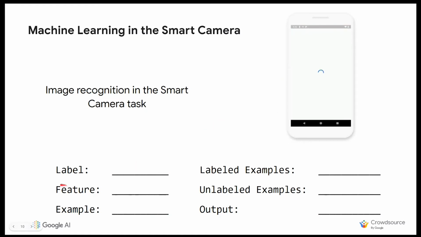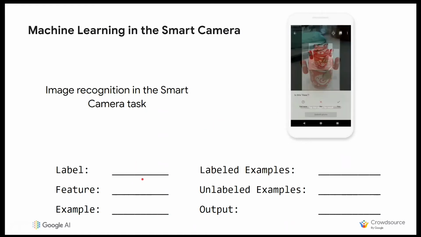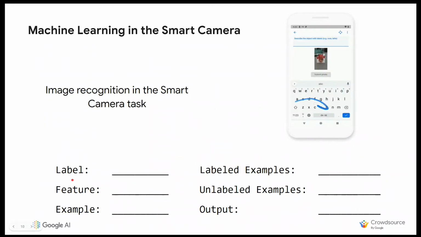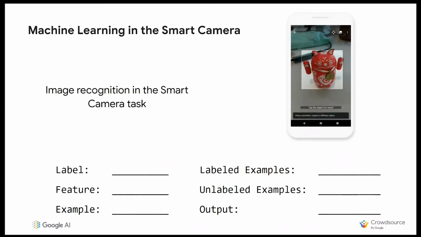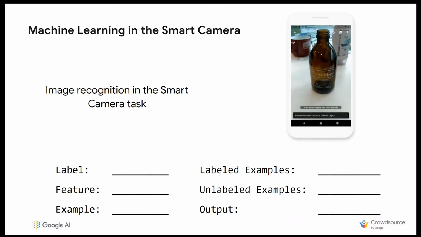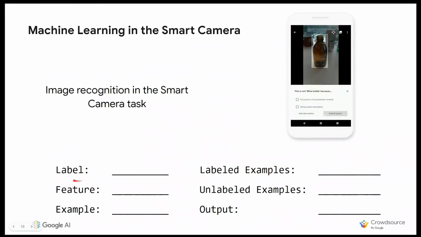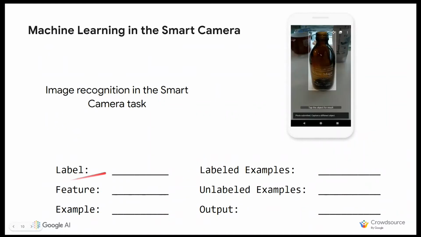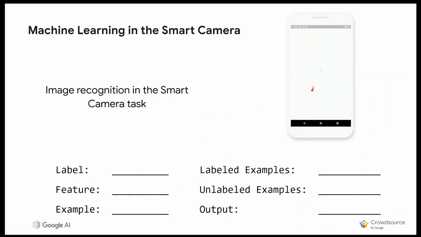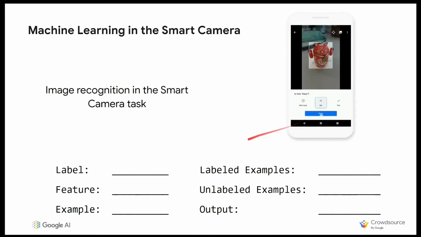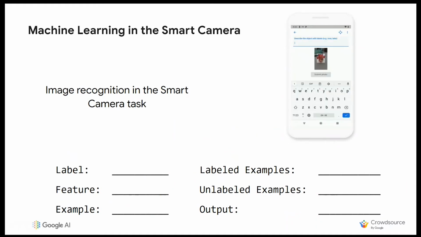So can anyone say how many types of labels there can be for that particular smart camera task model? N number of labels. Yes, it can be n number of labels, but there is a limit. For this particular smart camera task, it's a very huge list, but there is a finite number.